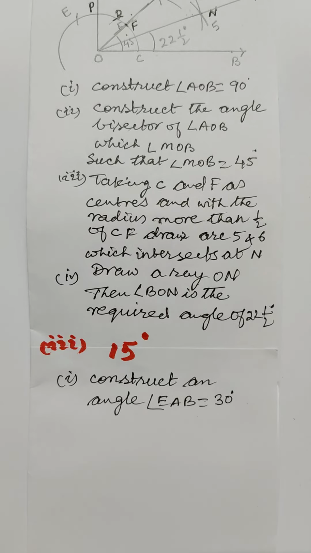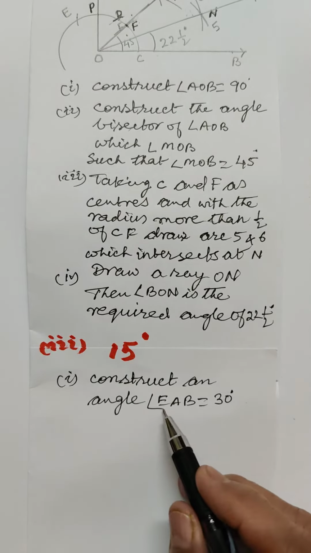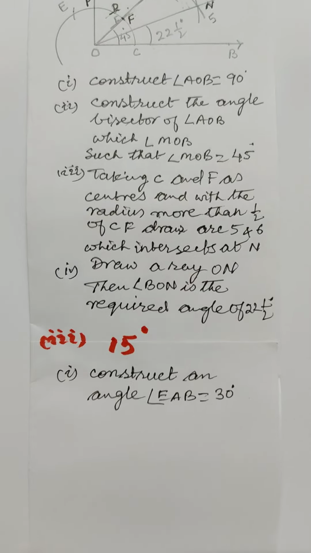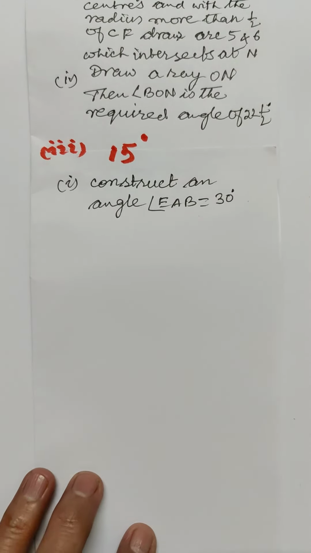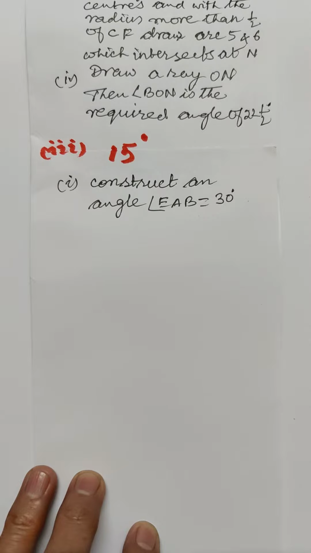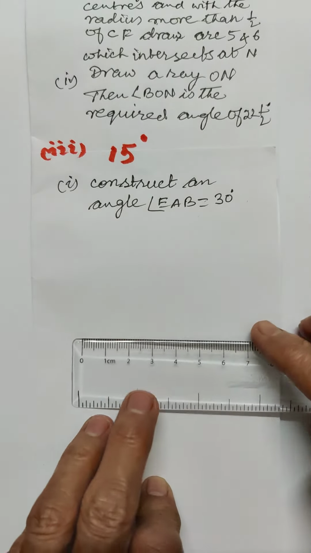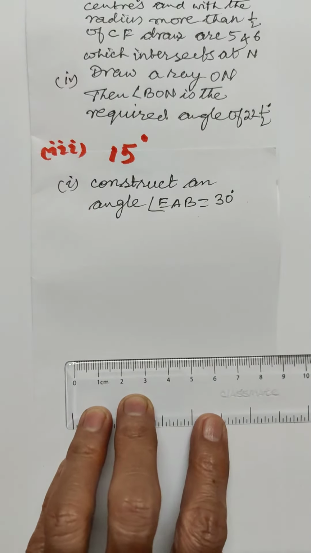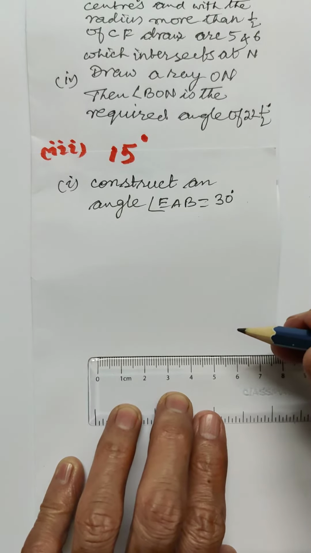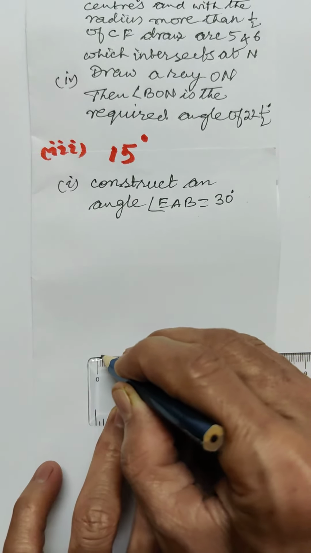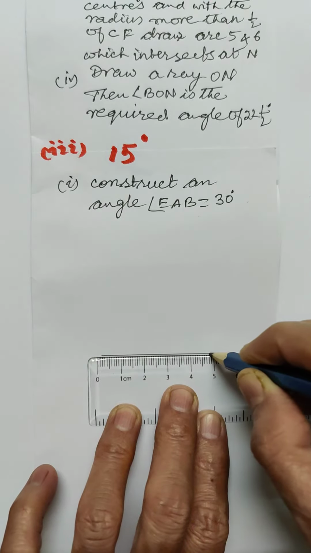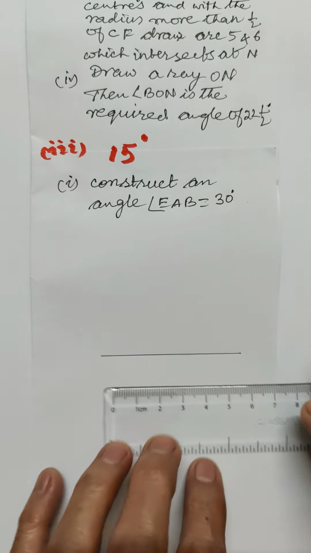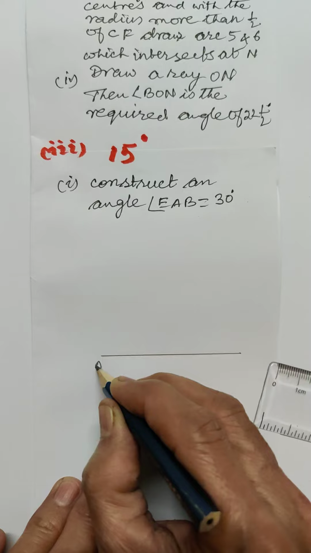And then we shall construct the bisector of EAB. So let us construct angle EAB. First we shall draw a line segment with an initial point A, and A and B.